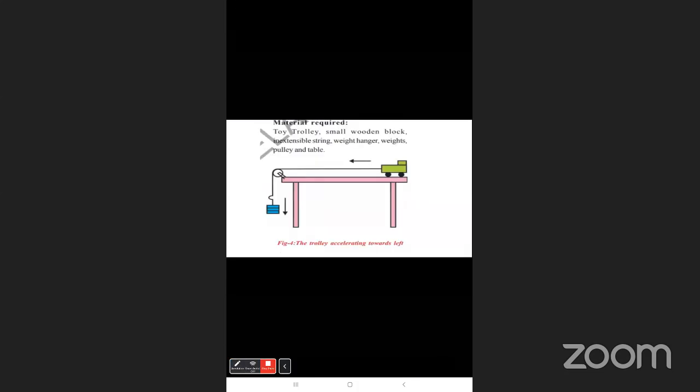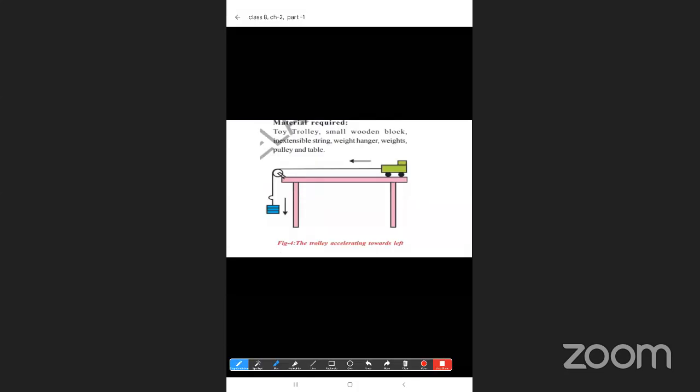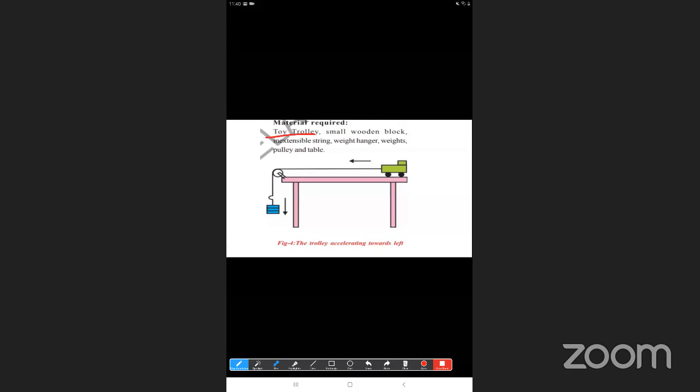For this, the materials required are one toy trolley, a small wooden block, an inextensible string, a weight hanger and weights, a pulley and a table.